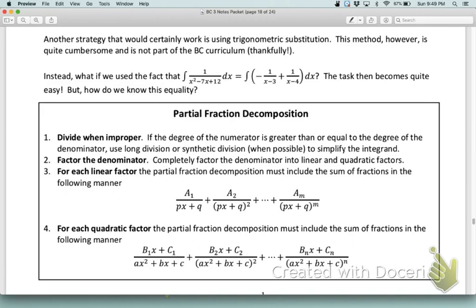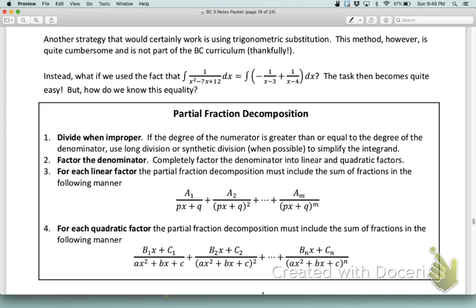Just note that when they are linear factors, you are going to have a single constant value on top, a1, a2, up through whatever, am in this case. And so that is what that will look like.